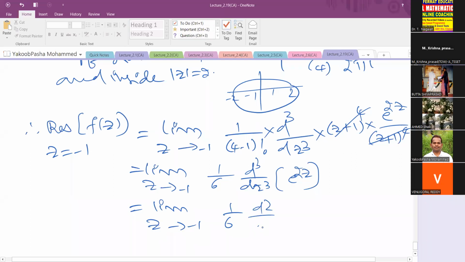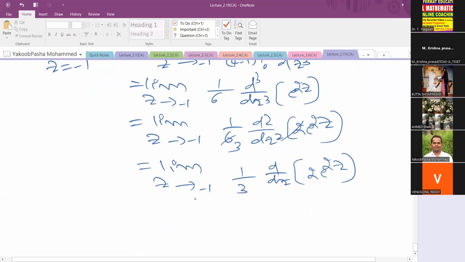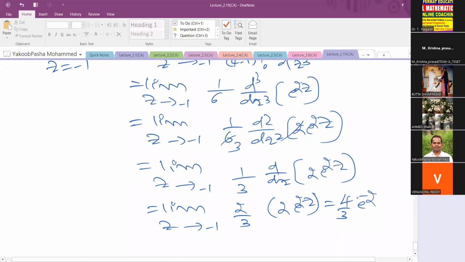Third derivative means limit z tends to minus 1, 1 by 6, d square by dz square, one time differentiation of e power 2z. And again differentiate, limit z tends to minus 1, 1 by 3, d by dz of again differentiation of e power 2z. So this is equal to limit z tends to minus 1, 2 by 3, again differentiate, we get 2 e power 2z. So that is equal to 4 by 3 e to the power of minus 2.